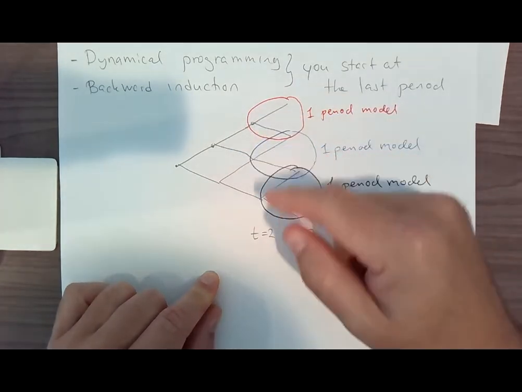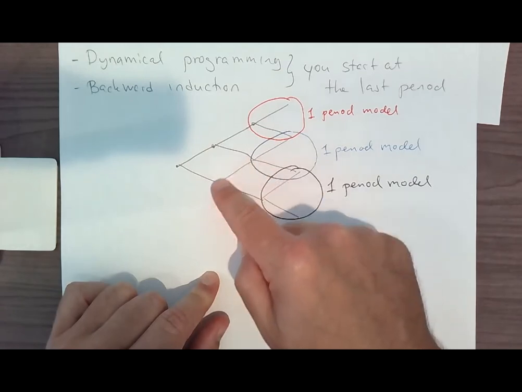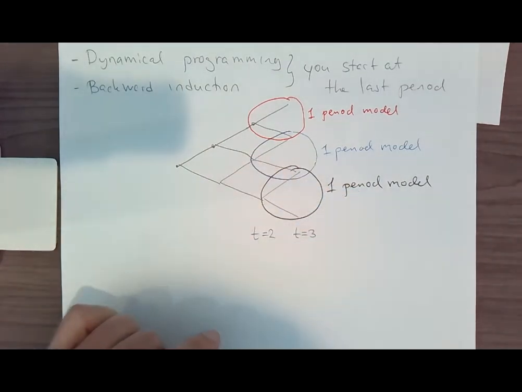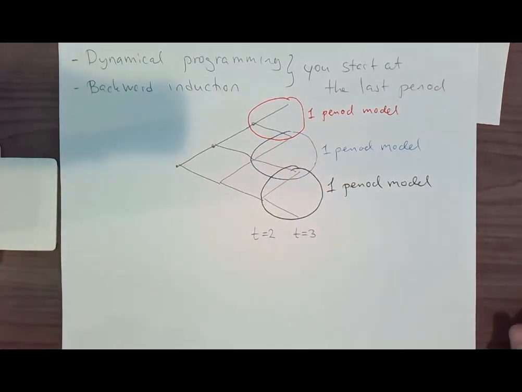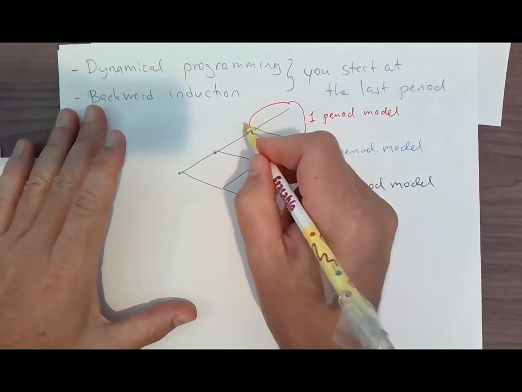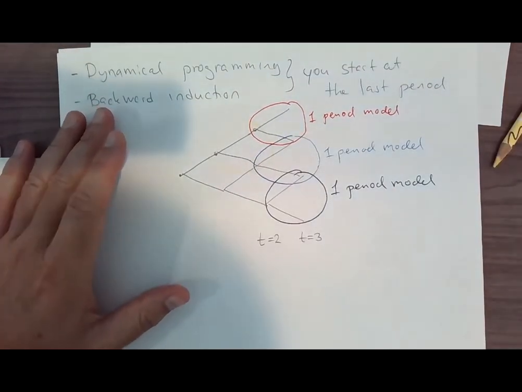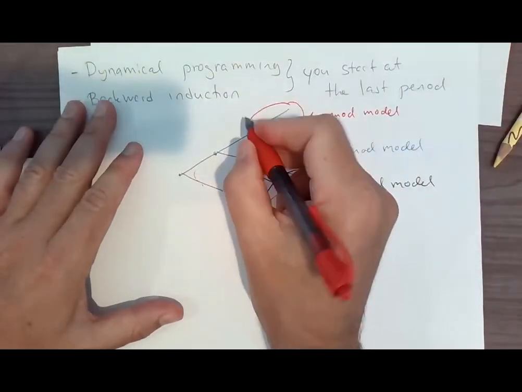And then you move one to the left. Now you have a model here. You have a model here. This will give you these three values, and then you can go one step back here on the yellow. And you go one step back here.